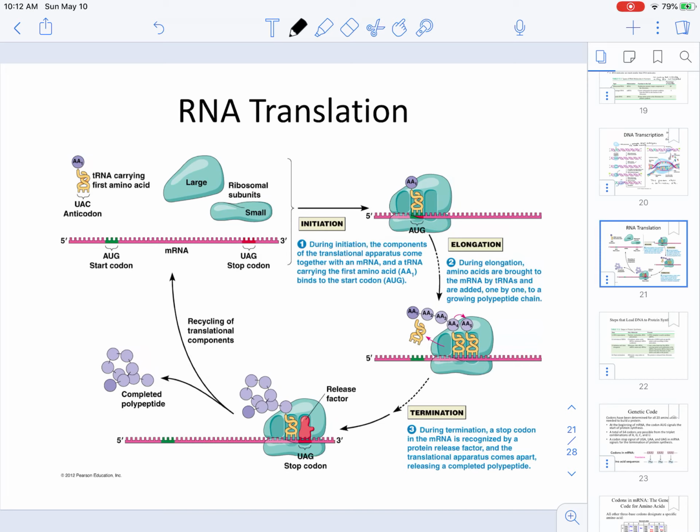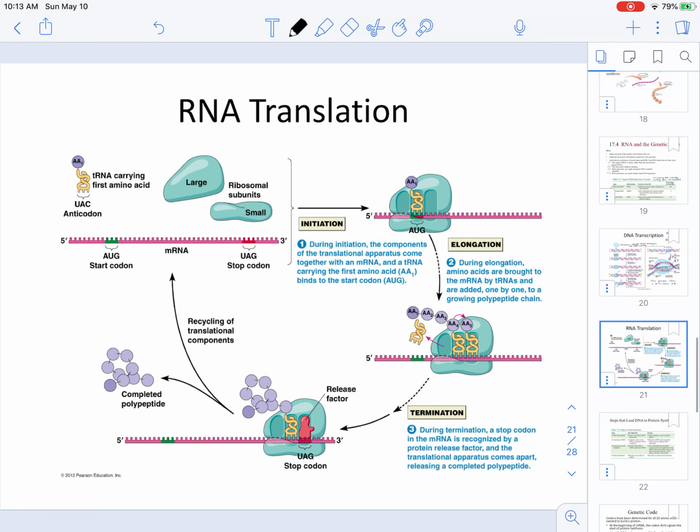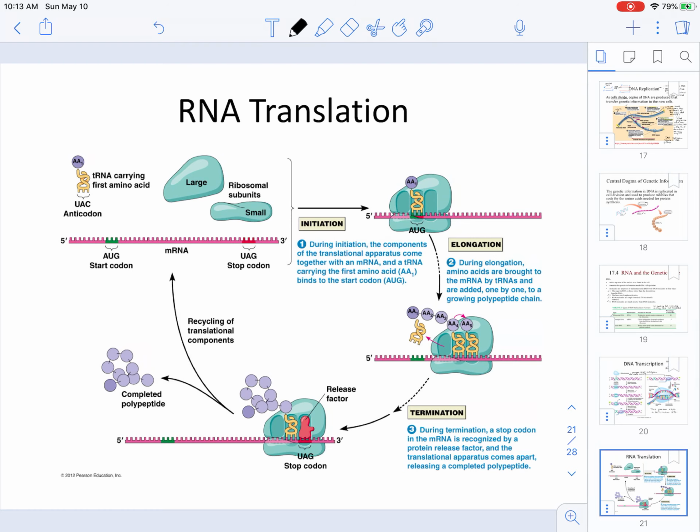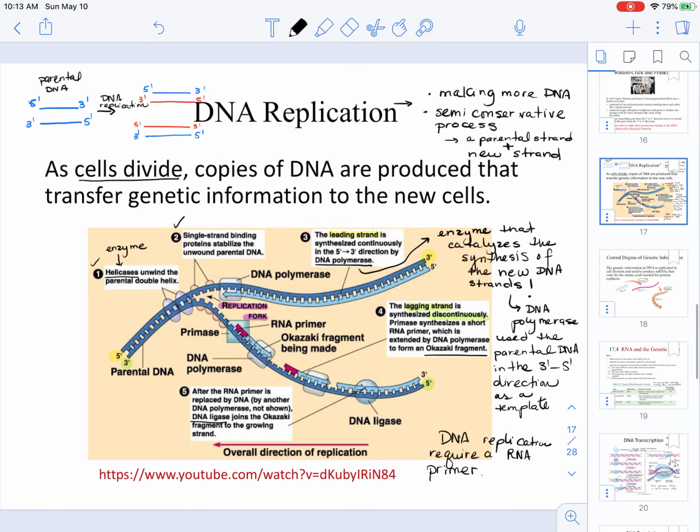So if we relate this, at least to human cells, I should specify that the process of DNA replication occurs in the nucleus of human cells.